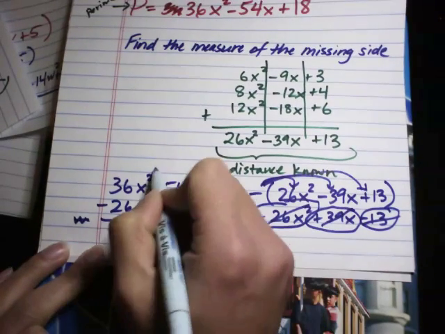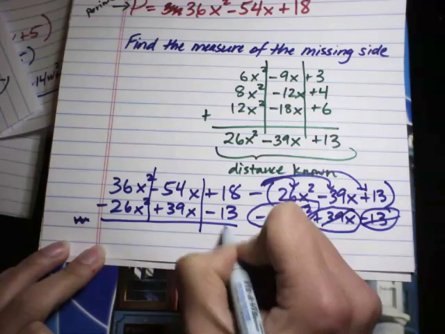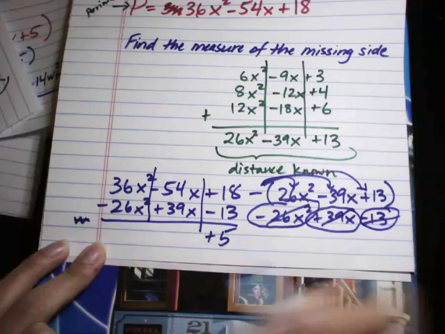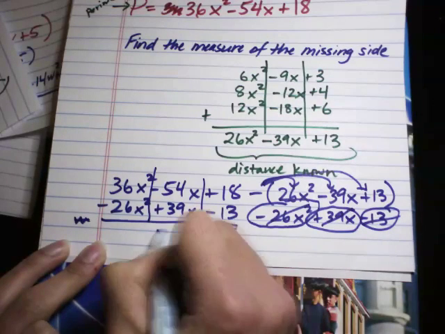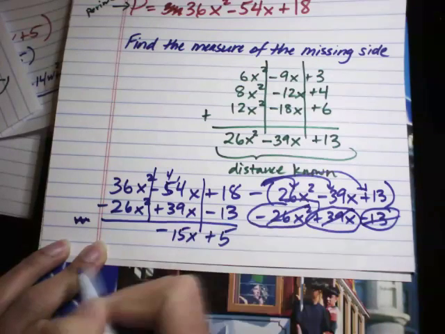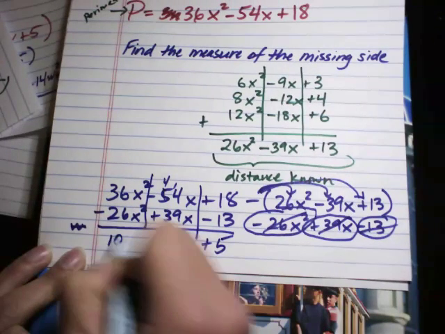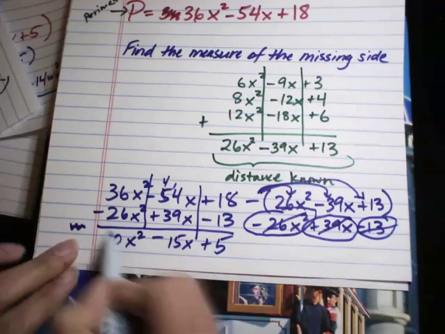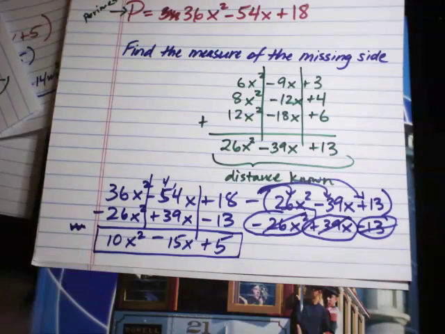Let's add this up. I will have here a positive 5, and here will be a negative, carrying 1, 15x, and 10x squared. So the measure of the missing side will be represented by this polynomial right here.